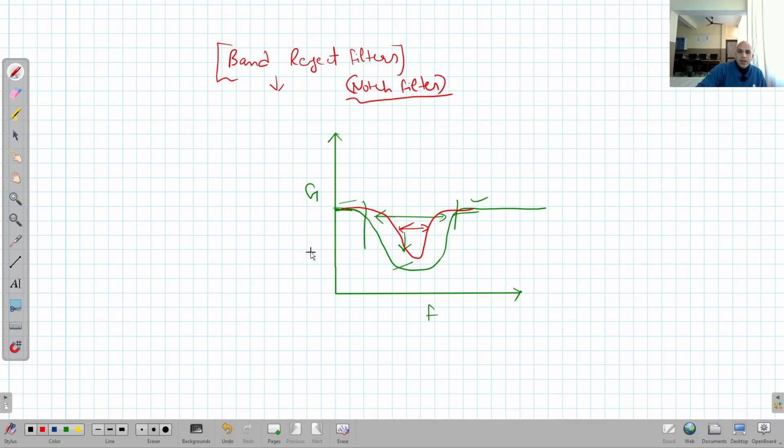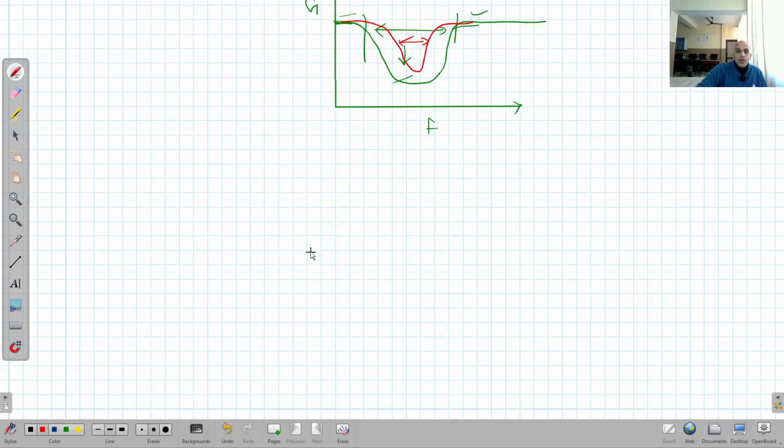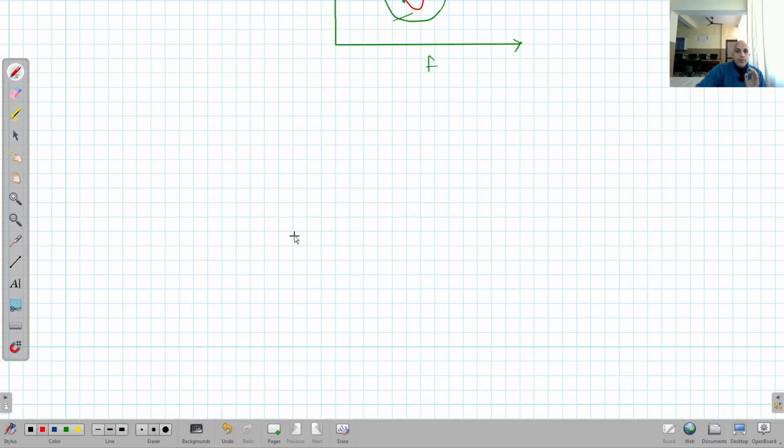If I come to the circuit diagram, the notch filter consists of two important parts. One is the filtering unit and the second is an operational amplifier. So I am going to draw the circuit diagram of the filtering unit.